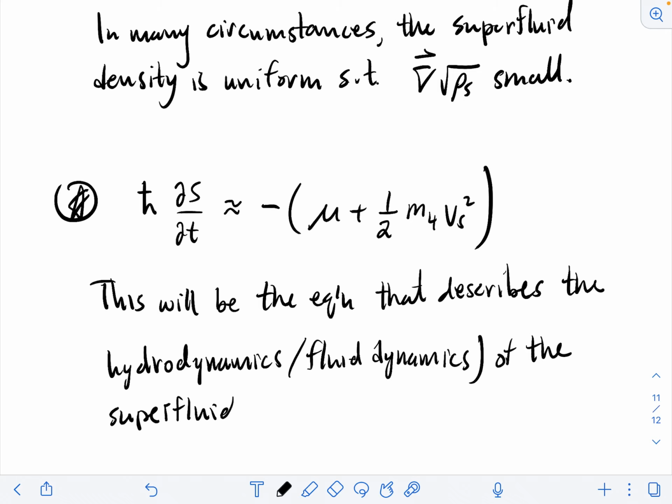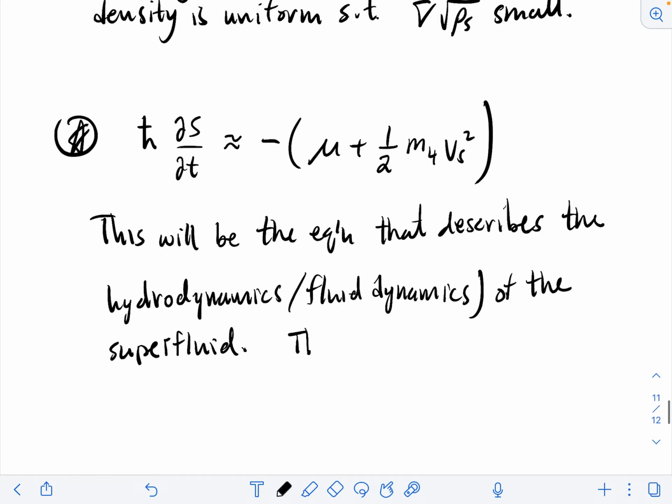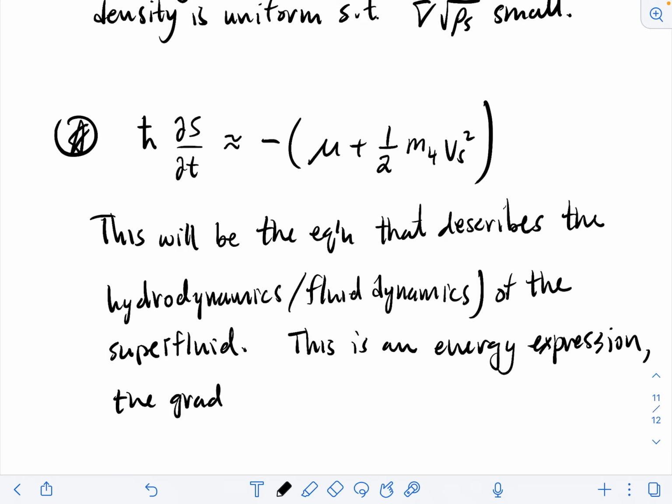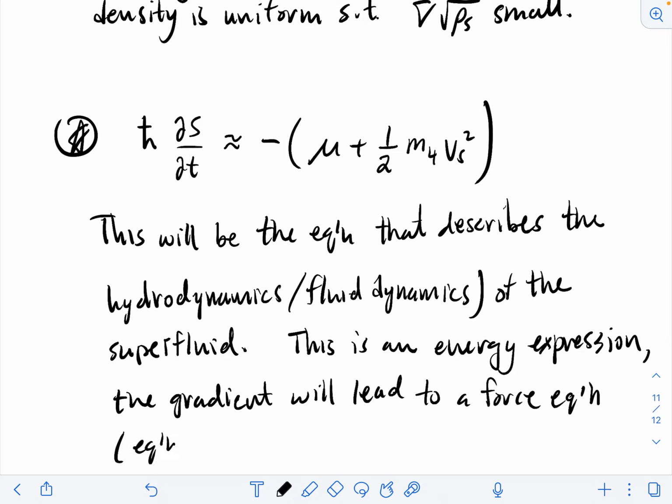This is an energy expression, and the gradient will lead to a force equation or an equation of motion, like an F equals ma type equation.